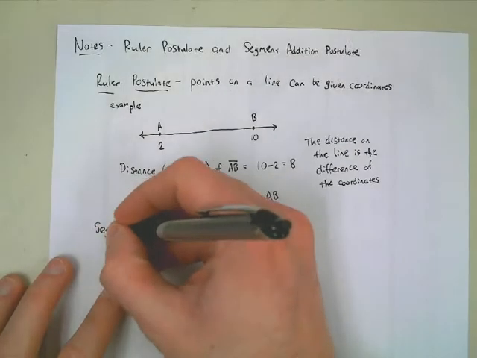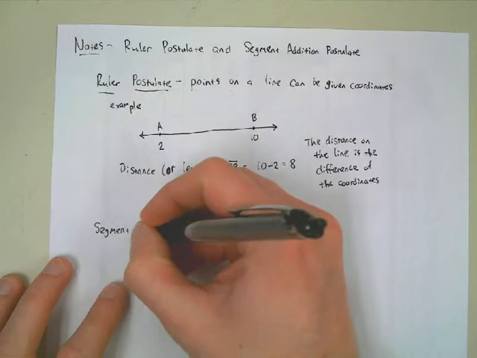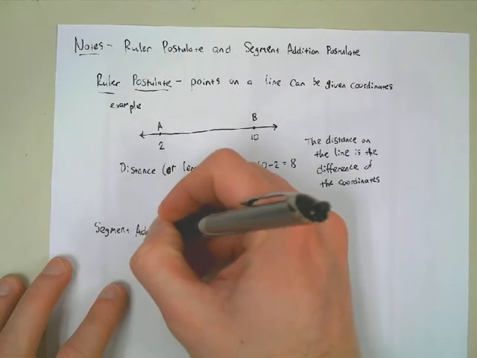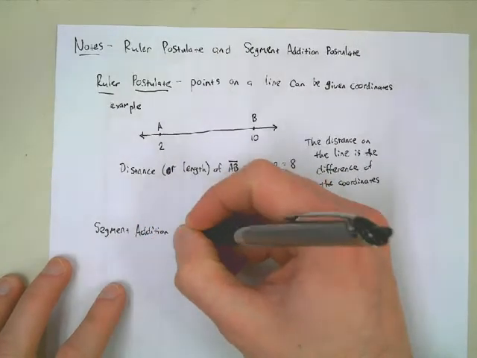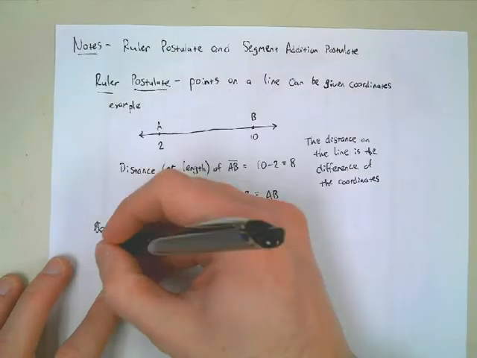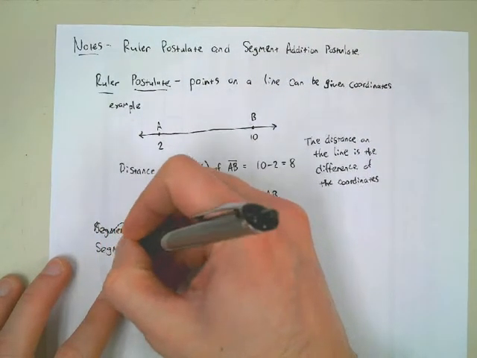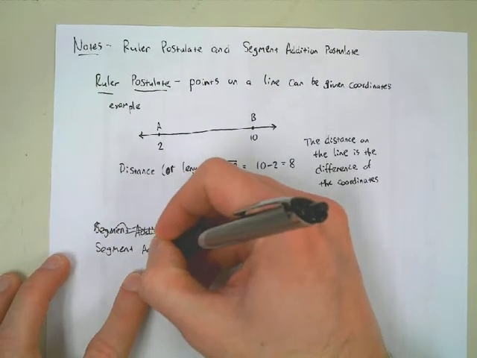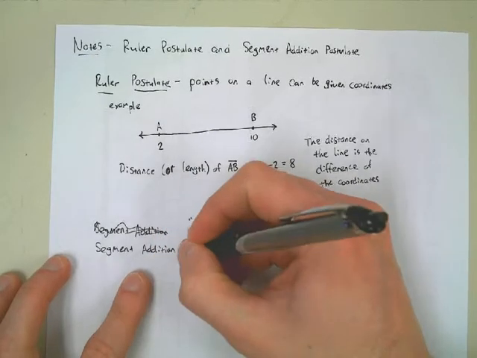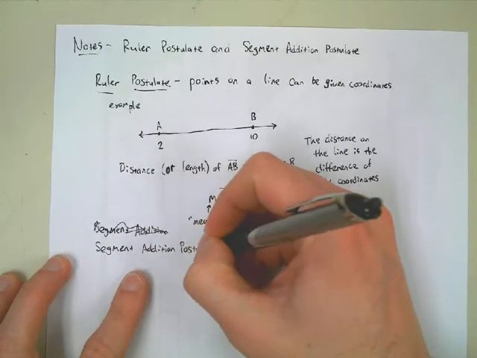All right, next one. Segment addition postulate. I'm running out of space, I'll do it down here. From the words, you can kind of figure out what we're going to be talking about here. We're going to be adding segments together.